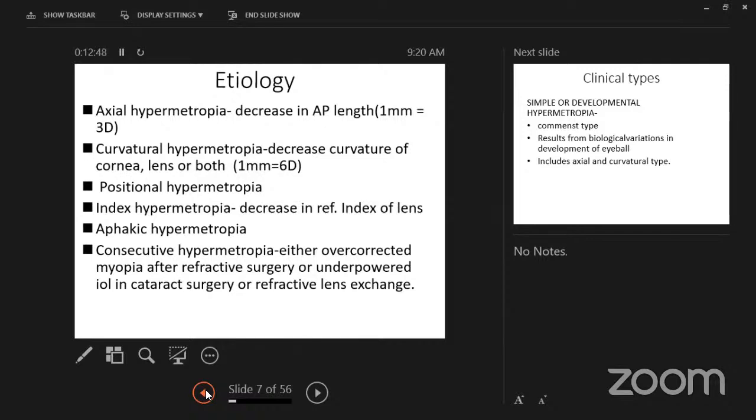Any corneal surgery, or even after scarring of the cornea, will lead to this. That is corneal. And what about lenticular? Anything that causes flattening of the lens?